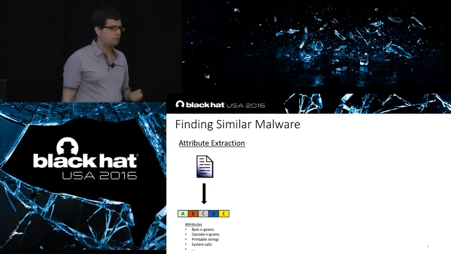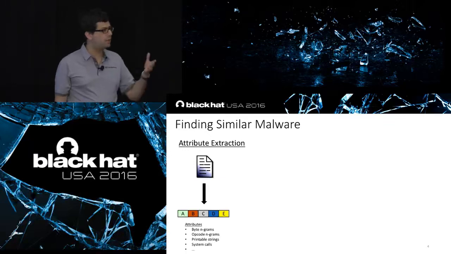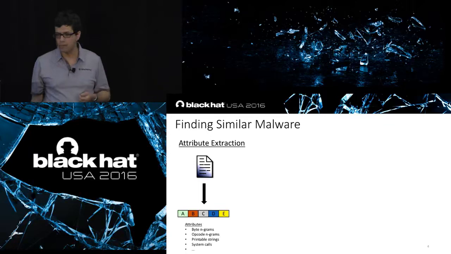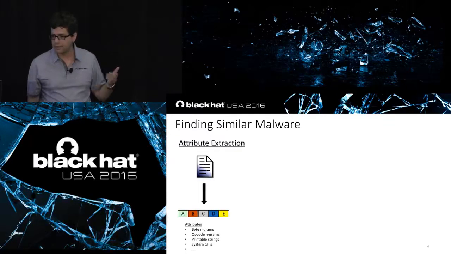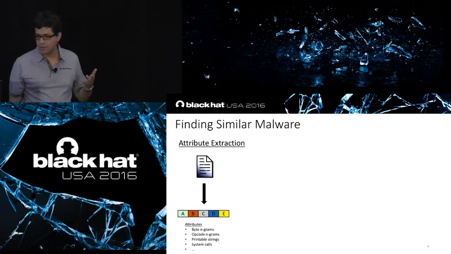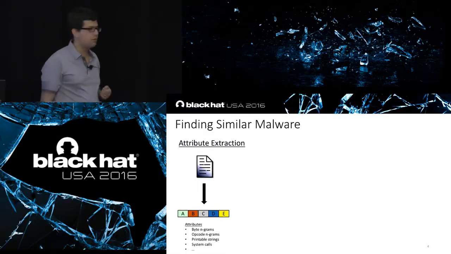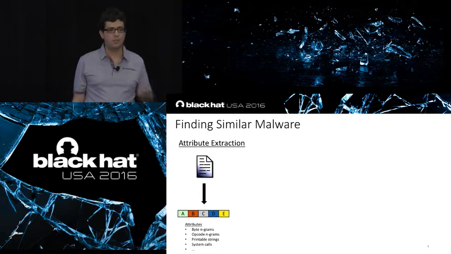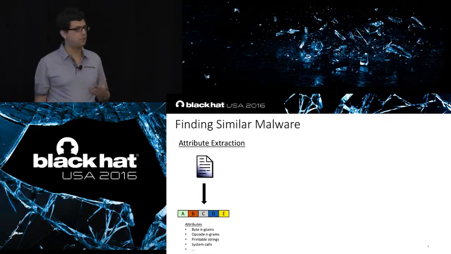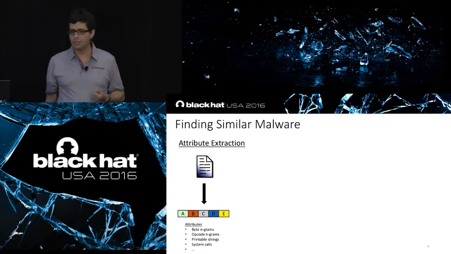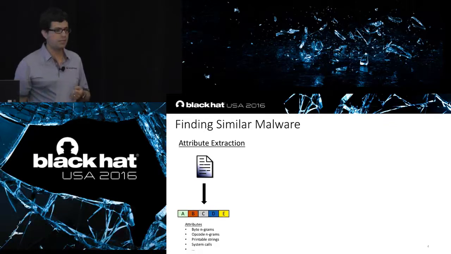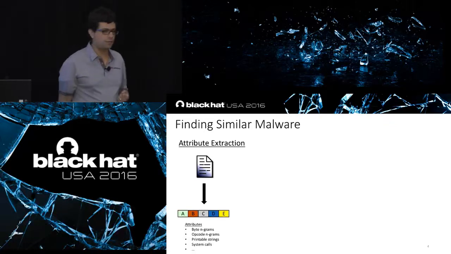If you go to the vendors downstairs, everyone has their secret sauce that they extract from this file. Some extract byte n-grams, some decompile the file and extract opcode n-grams. Some even run this file in a sandbox and extract dynamic information. All of that can be expressed as a list of features, which I have here: A, B, C, D, E symbolizing some set of features that you extract from the file.